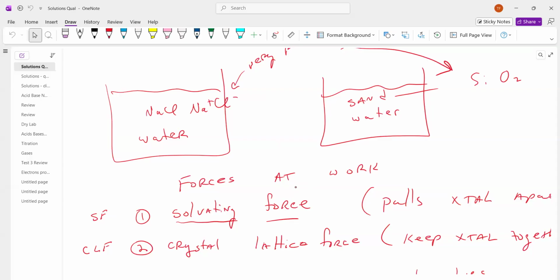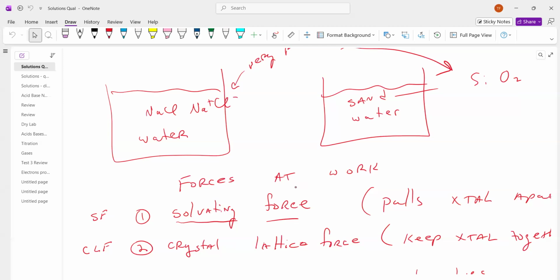Oh, multiple solutes. One solvent, no exceptions, one solvent. We can make an argument that once it leaves the crystal, it's no longer one solute, it can be two.